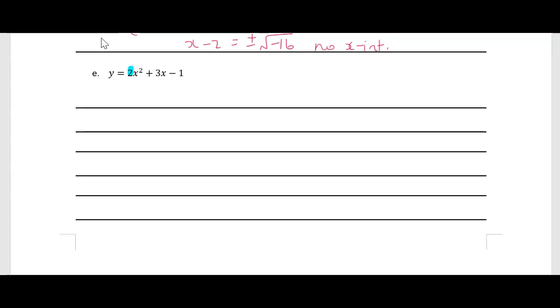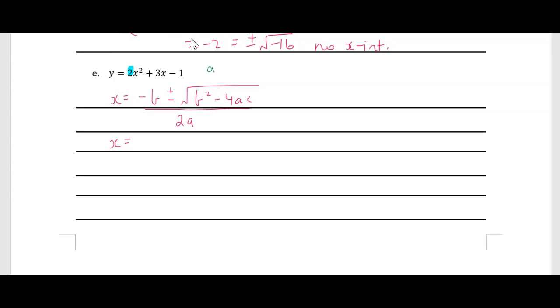So this is where you would use your quadratic formula. x is equal to negative b plus or minus the square root of b squared minus 4ac, over 2a. I hope that's right. Maybe I should check. Awesome.